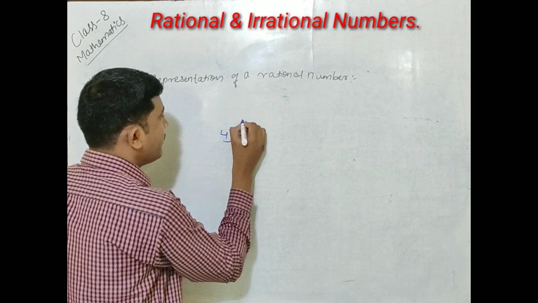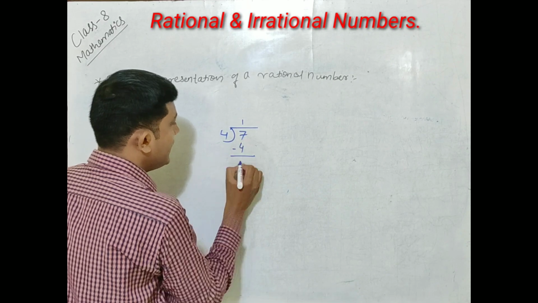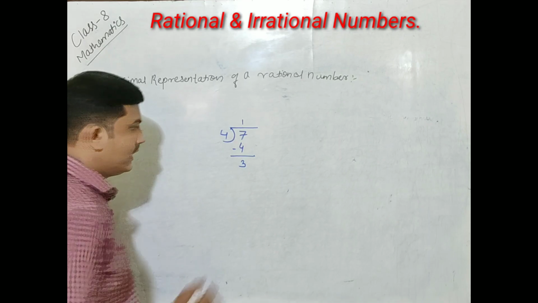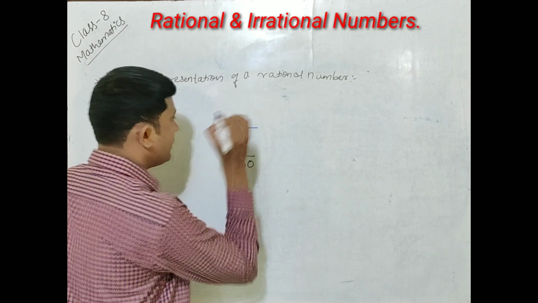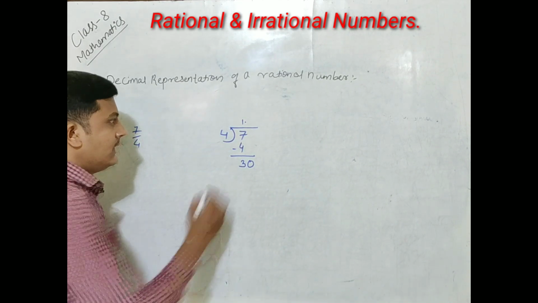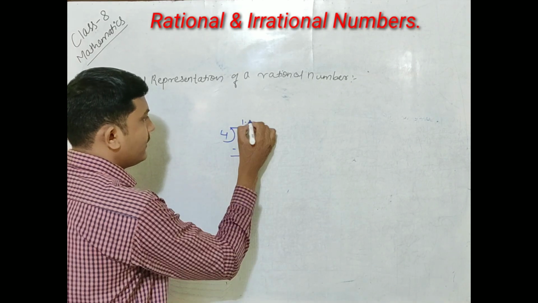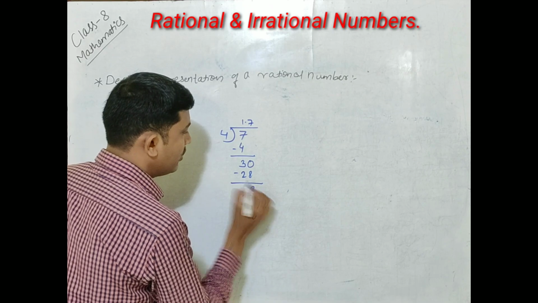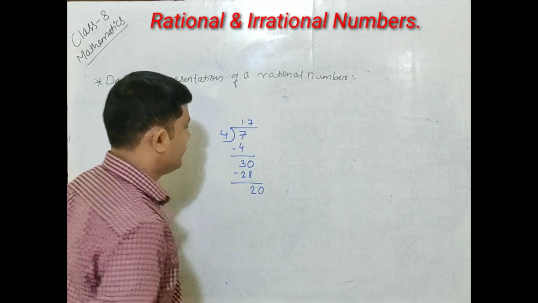So, what do we get? 4 ones are 4, remainder is what? 3. Here 3 is less than 4. So, as per the rule, take here 0, give here a decimal point. Now, 4 7s are 28. Remainder is what here? 2. Take 1 0.